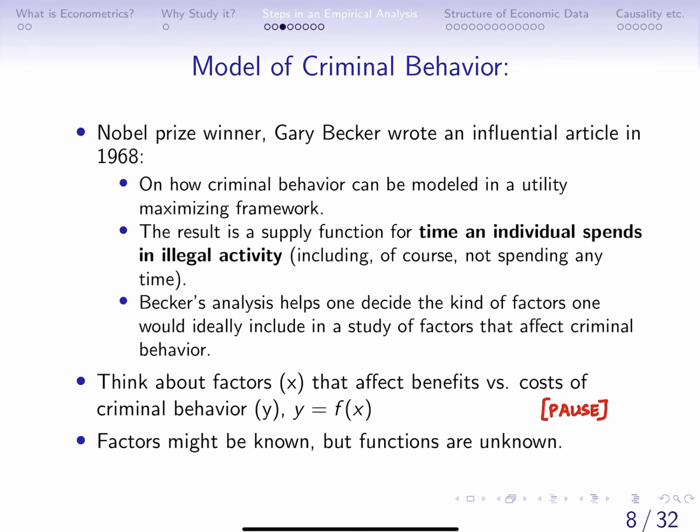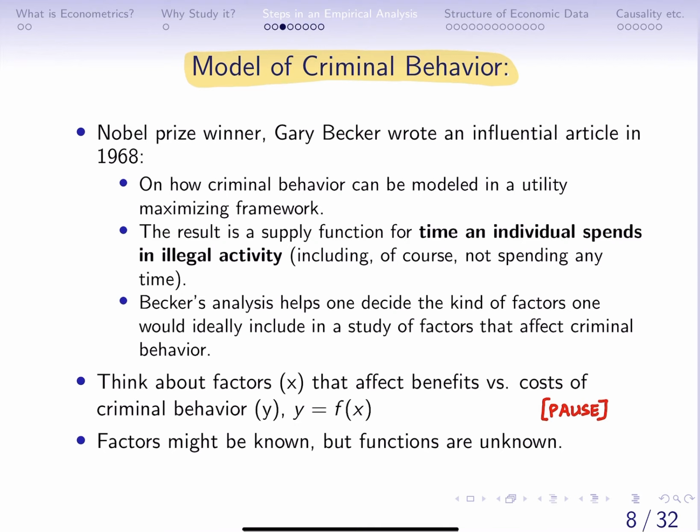So let's think about this really interesting example, which has been talked about. It's almost in every econometric book that it would be mentioned. So this is really when you think about how do you model criminal behavior? How do we know what are some of the factors that might guide how much time an individual spends on some sort of illegal activity?